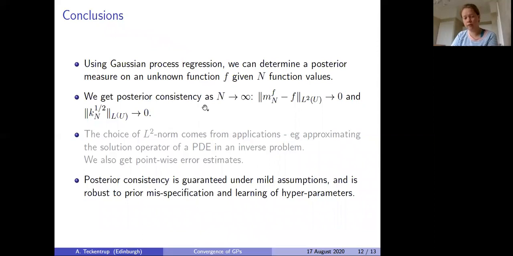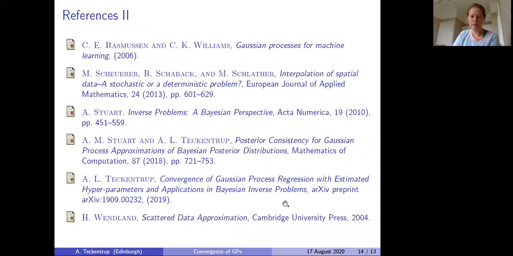I showed you that it does work under surprisingly mild conditions, that you do get convergence. Also, when you misspecify the prior, so you don't have the correct smoothness, or you have the learning of hyperparameters as well. And if you're interested in more details, I will point you to this paper here, and I'm happy to take any questions if there are any.